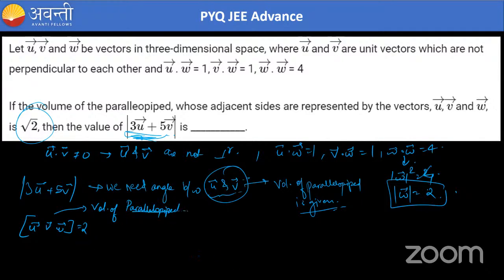So now we know how to represent the box product in a convenient way. We already knew how to write the box product. The box product of u bar, v bar and w bar can be written as the determinant of u bar dot u bar, u bar dot v bar, u bar dot w bar.